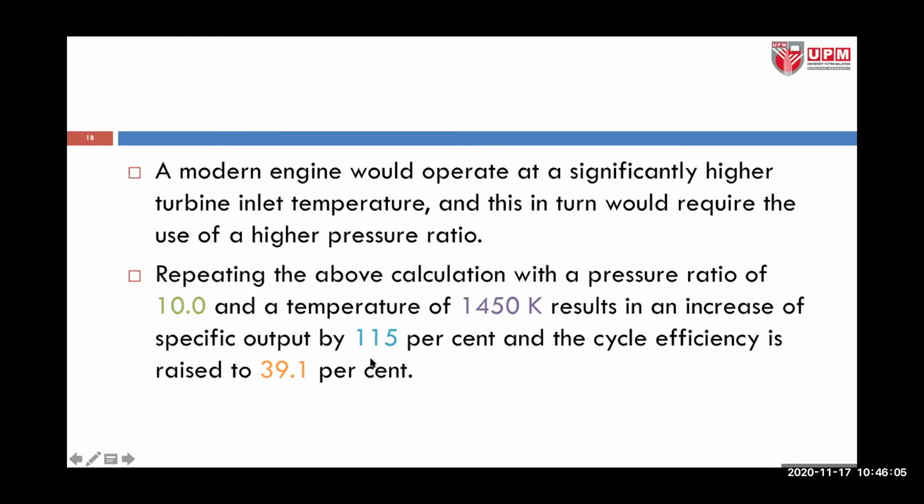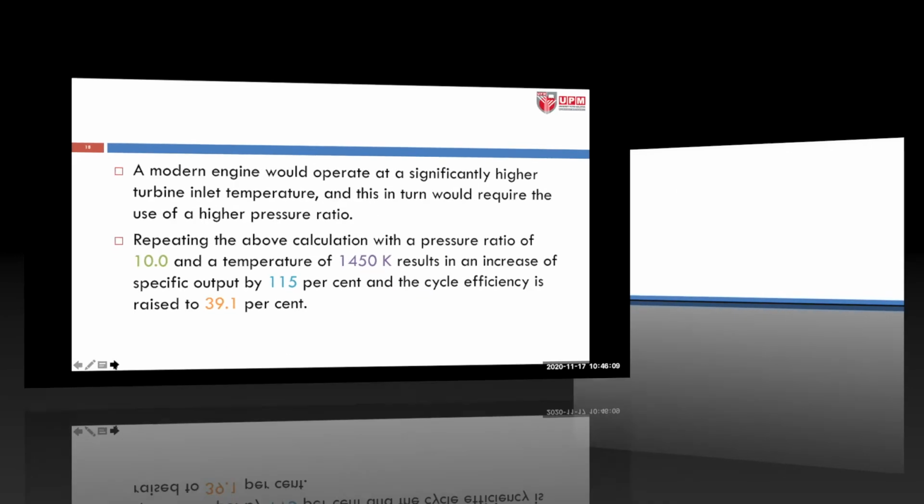It's not that significant, but it is sufficient. That is basically example number 1. To continue, let me open example number 2.